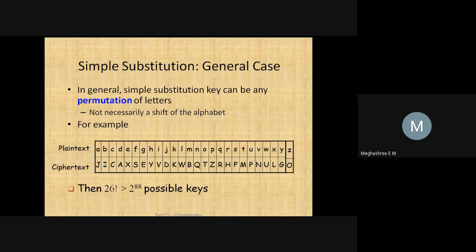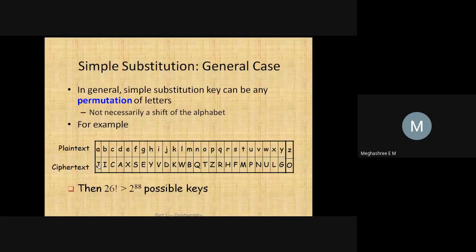See, if I give you a key value of 4, then A should take D, right? A, B, C, D, E. But here it is given as J. For B, it is given as I. I comes before J in the proper order of alphabets, but for B the ciphertext obtained here is I, right?